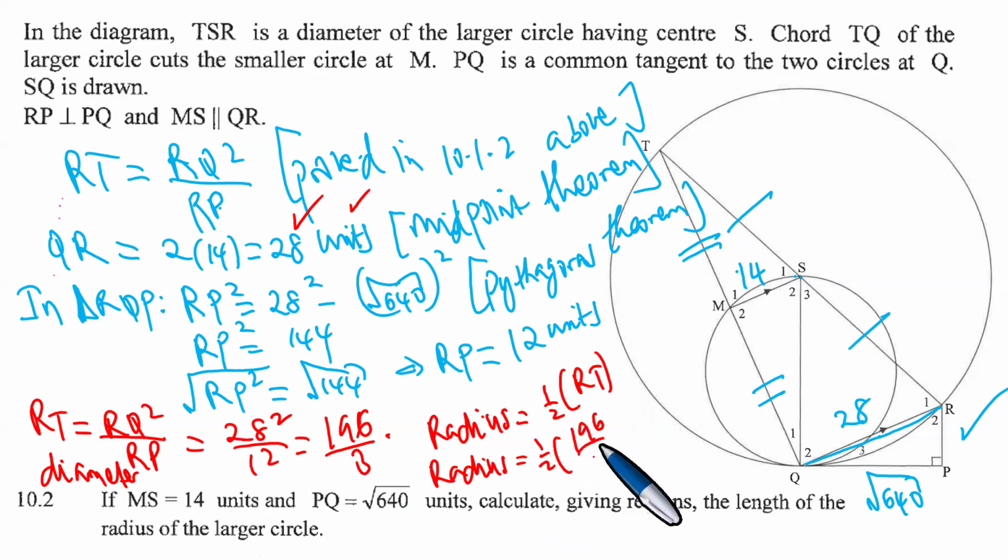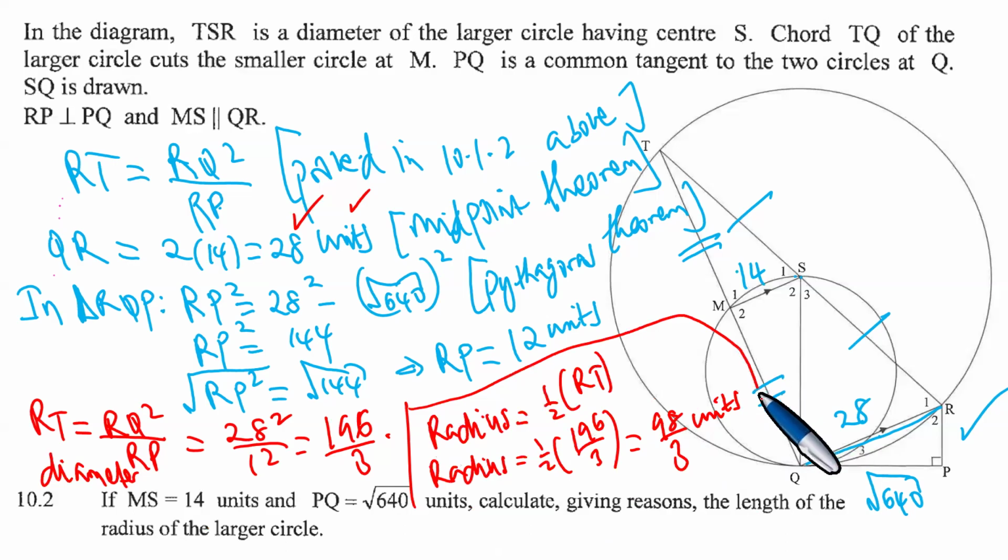RT is 196 divided by 3, so half of it is 98 divided by 3 units, and this is the radius. The question said, calculate giving reasons the length of the radius of the larger circle, and this is it. The length of the radius is 98 divided by 3 units of distance.